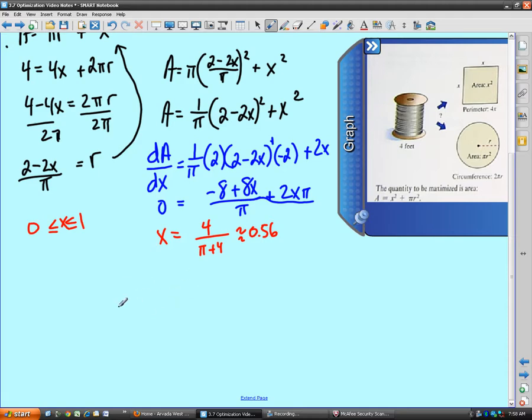Our area at 0.56, just putting in our x values, is approximately 0.56, and our area at 1, which would be our other endpoint, is approximately 1. So if we want to find the maximum area that occurs, it's when x is 0. So all the wire is going to be used for the circle. This is our maximum area, so all wire will be used for a circle.